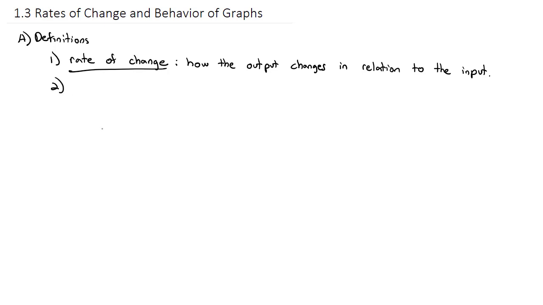Now, as we measure the rate of change, that might change depending on where we are in the function. Small numbers might change one way, big numbers might change another way. And so what we often want to find is what's called the average rate of change.